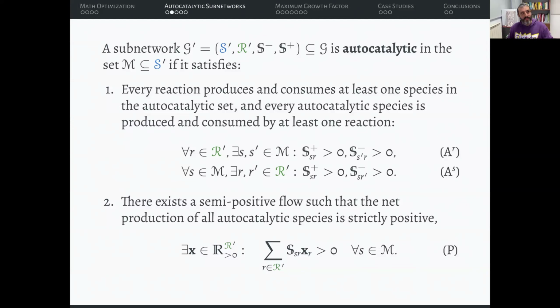So this is the autonomy. That's what we call the species autonomy and the reaction autonomy of a subnetwork.